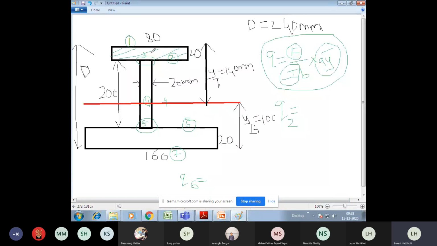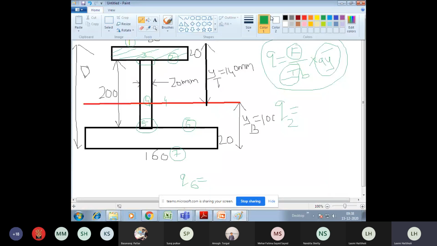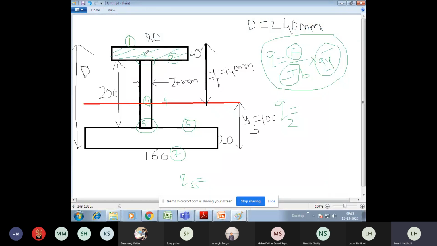Y bar is the CG of the considered shaded area to the neutral axis. Can you tell me from here to here, what is the distance? Observe my cursor. Use your calculators. 140 minus 20 divided by 2, ma'am. Excellent, very correct. 140 minus 20 divided by 2. So what is the answer? Is it 130?